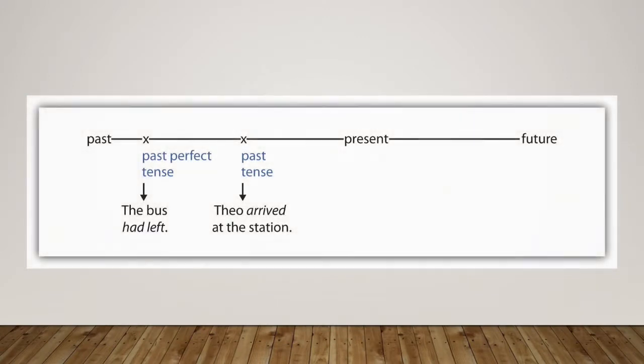One thing that makes this difficult is that there needs to be 2 points in time in the past to make the past perfect. However, sometimes one of those points is not obvious because it is not directly stated.